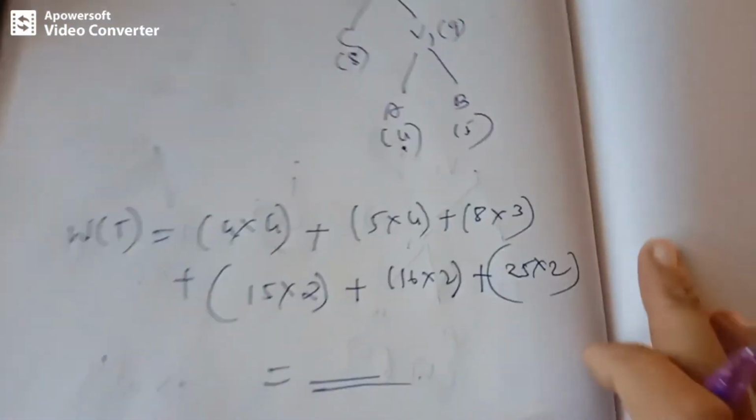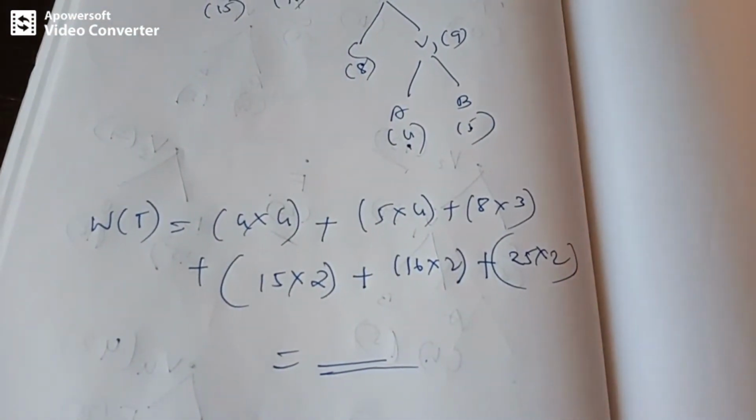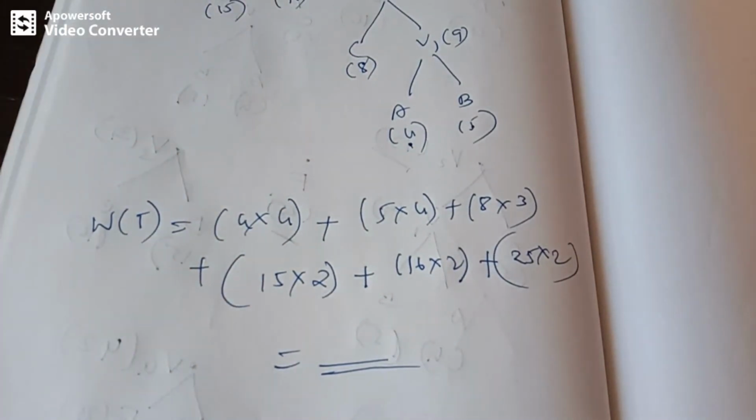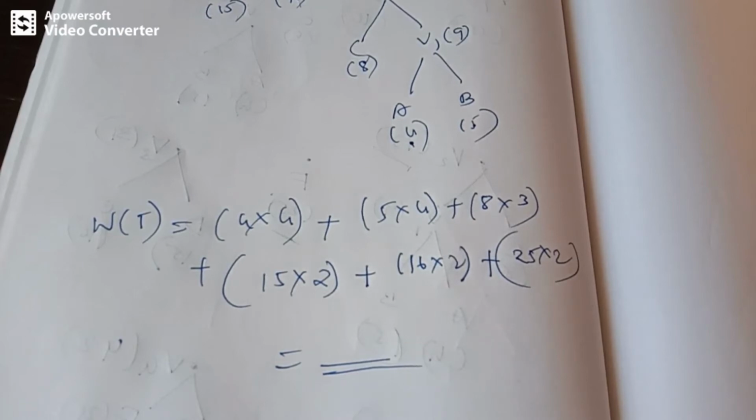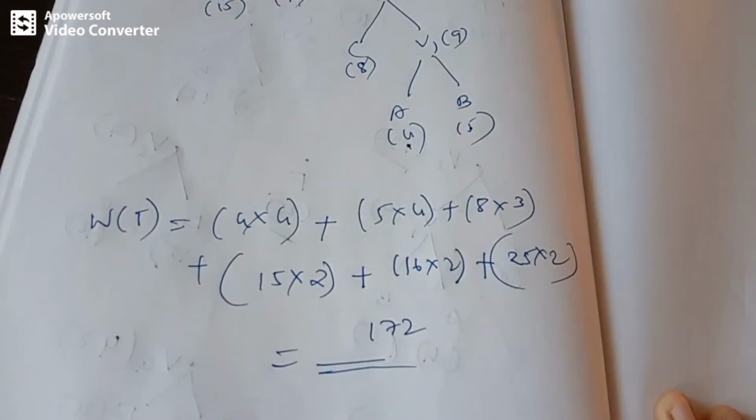So this will be the weight of this optimal tree. You can calculate this, and the answer is 172.